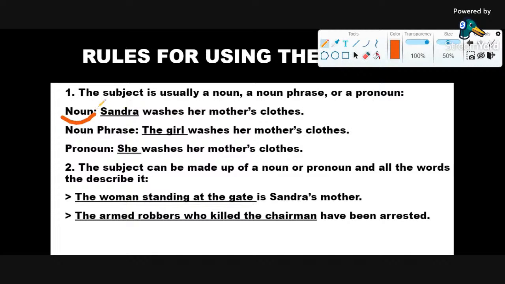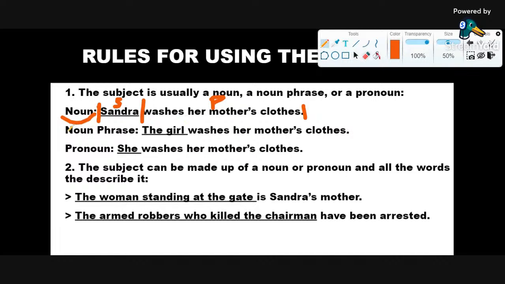So here, the subject is Sandra. That's the subject. Then washes her mother's clothes is the predicate. All right? Sandra washes her mother's clothes.